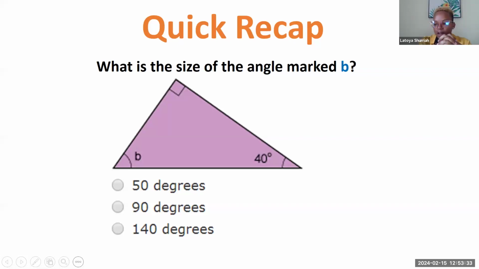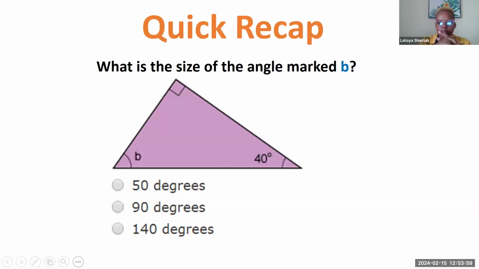All right, tell me how you get the 50 now. Anybody can explain to us how you got the 50. Go ahead, Torian. So our given angle is 40 degrees. And up top, we're seeing a right angle.